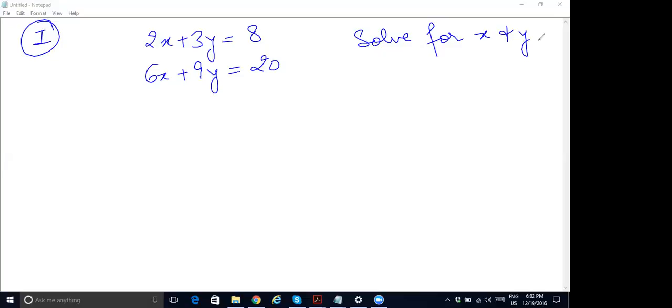You're getting 24, 20. Now the reason is, it doesn't matter which method we use, we should always get the same value. But if one way is not working, 6x plus 9y is equal to 24?